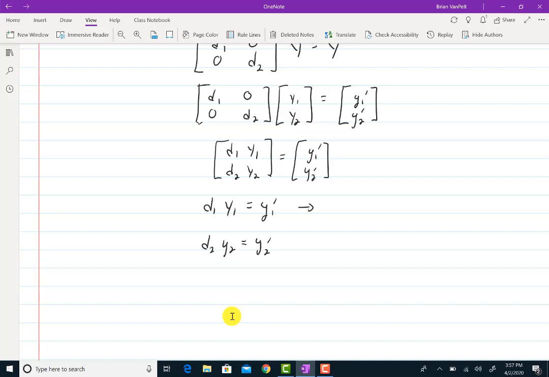Now if d was 0, then y1 prime would be 0. All that means is that y is a constant. So those are easy to solve for any of these where the d is 0. In cases where the d is not 0, we would have something like this. And then you can integrate both sides with respect to t.